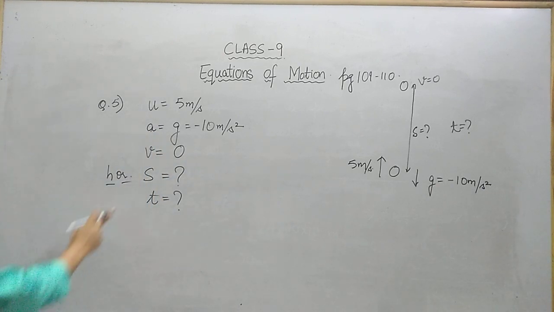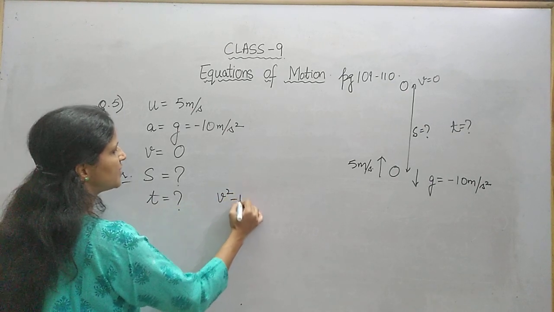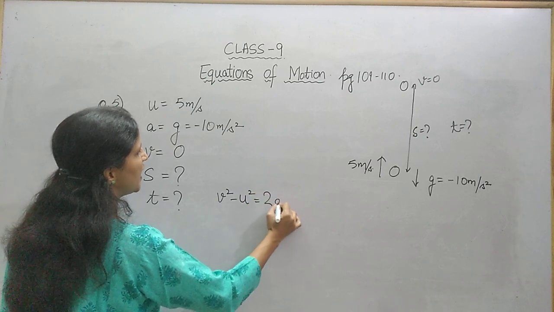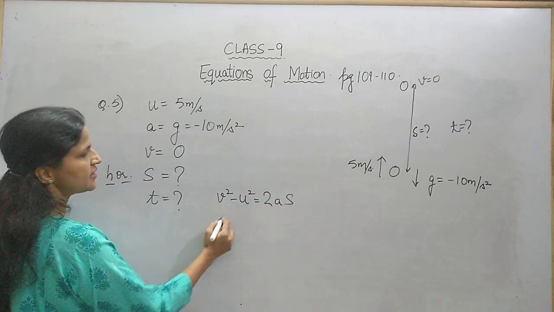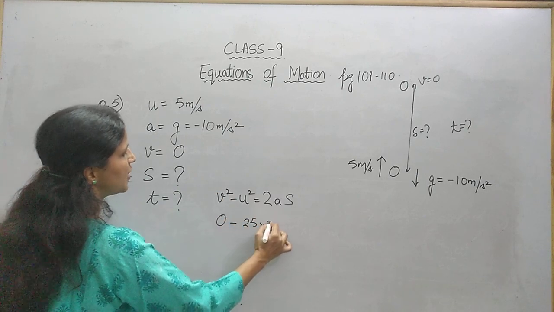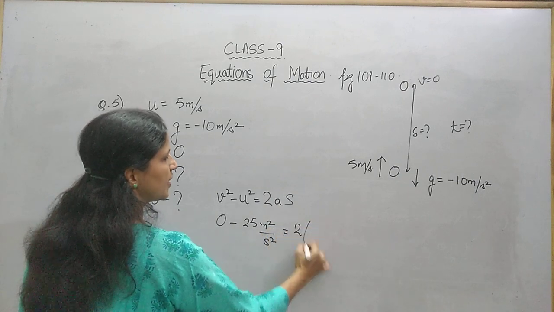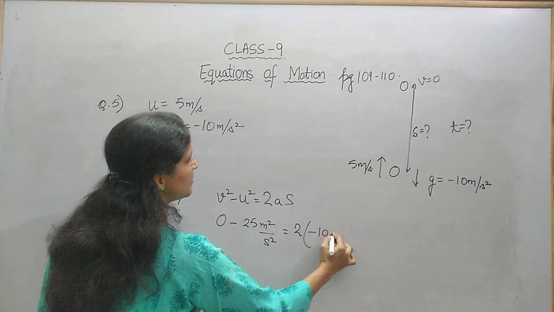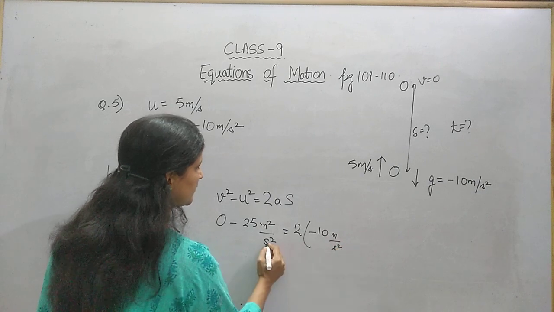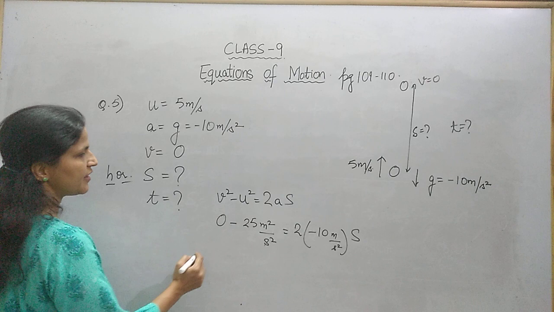So for finding out the displacement, we can use the third equation of motion, which says that v square minus u square is equal to 2as. V square is 0, u square will be 25 meter square per second square is equal to 2, a के लिए minus 10 meter per second square, and this capital S is for the displacement which we are required to find.